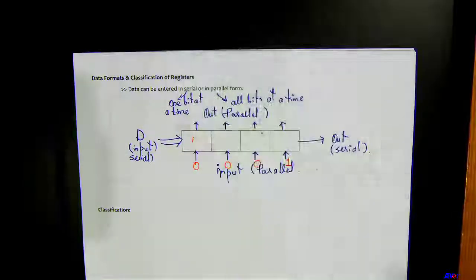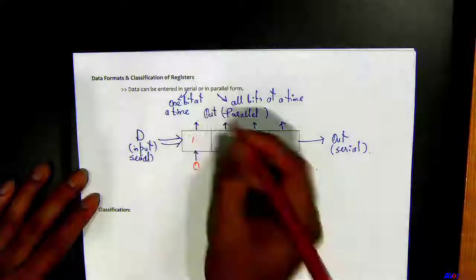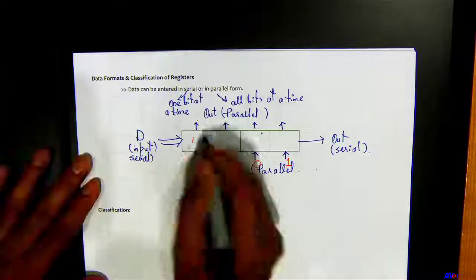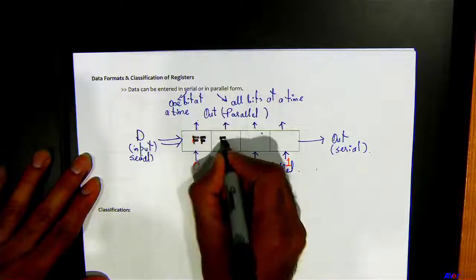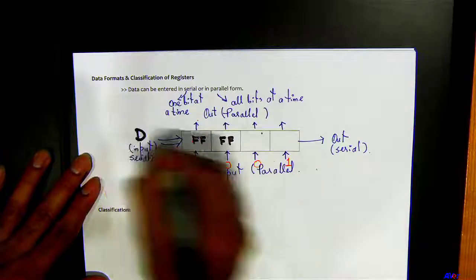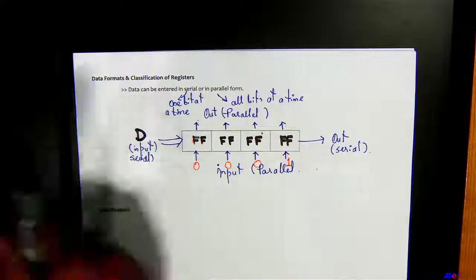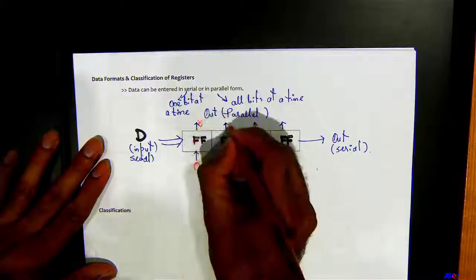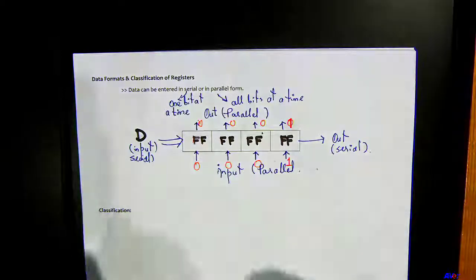So at the input you got 0 0 0 1, so that means it's going to throw what? And also mention that this is a D flip-flop. So you got 0 0 0 and 1. So this is parallel in and parallel out.